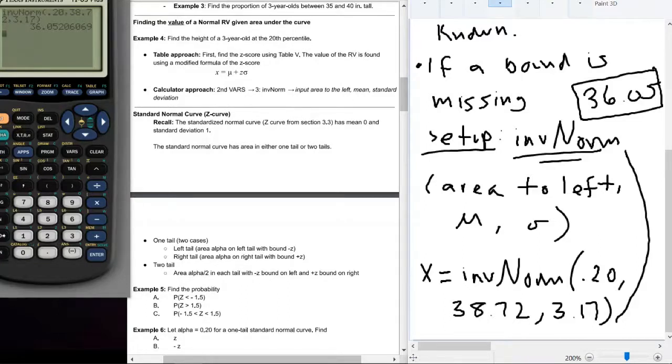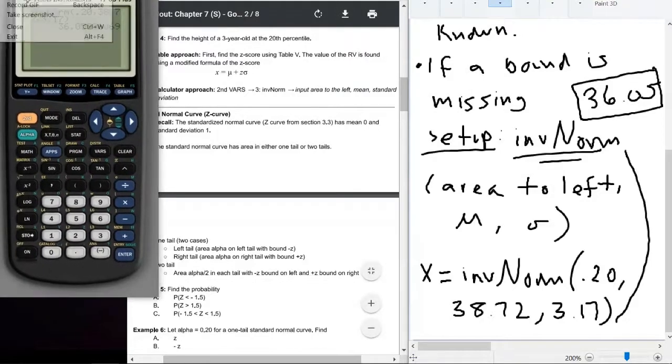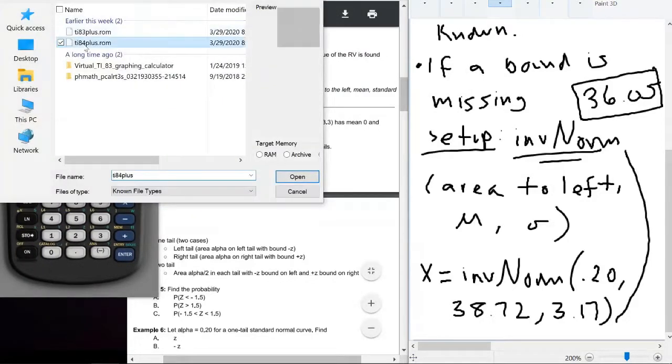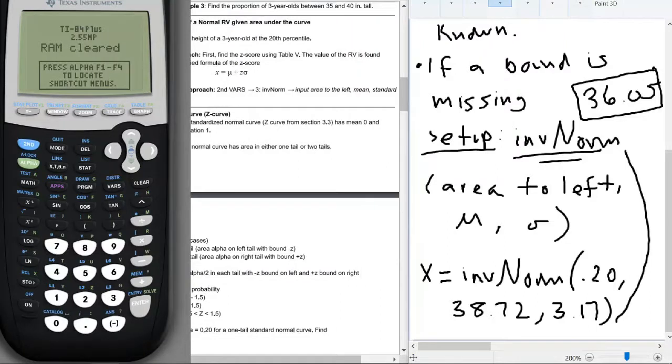For the TI-84, I do want to show you what the inverse norm screen looks like for you. So let's go ahead and check and see what that looks like. So you still go to the same screen to get there. You need to do second vars, okay, and then for you, number 3 is the inverse norm. And for the inverse norm, it actually does tell you what it needs.